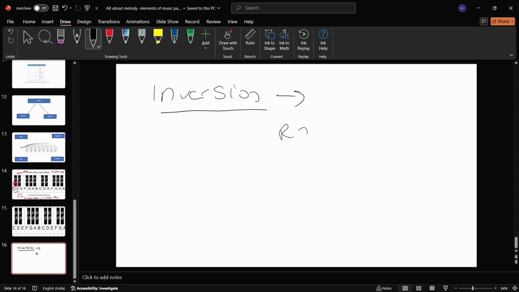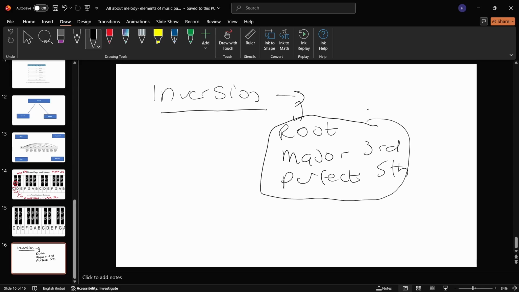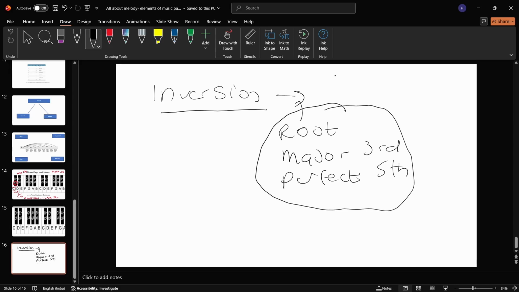For example, the chords are laid out as root, major third, perfect fifth. That is the original layout of a triad. This is how a triad is made.